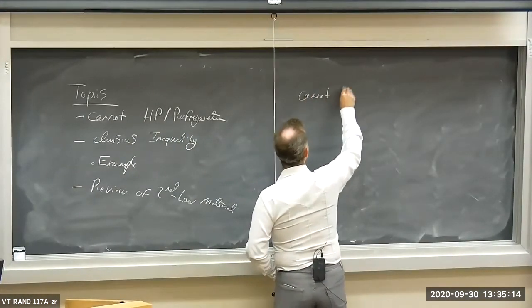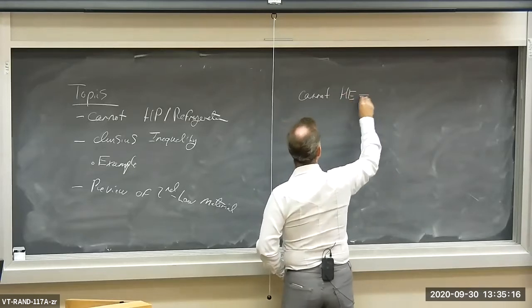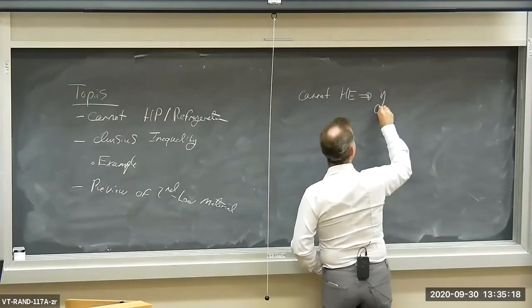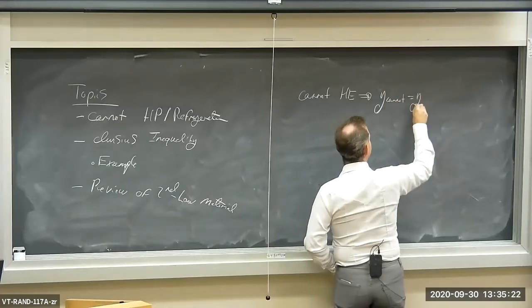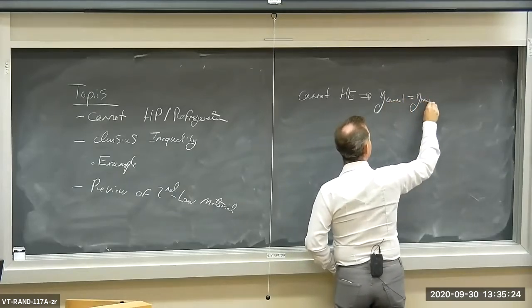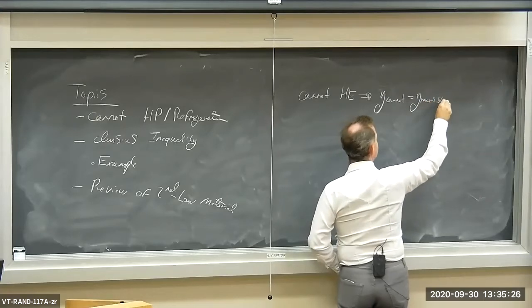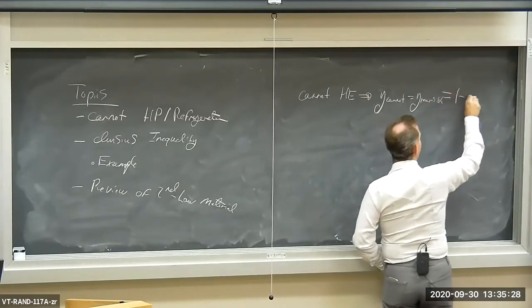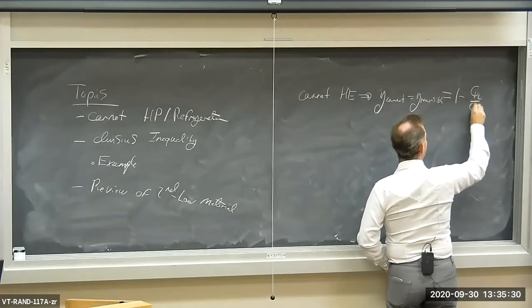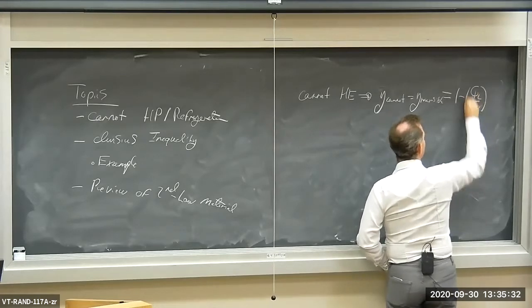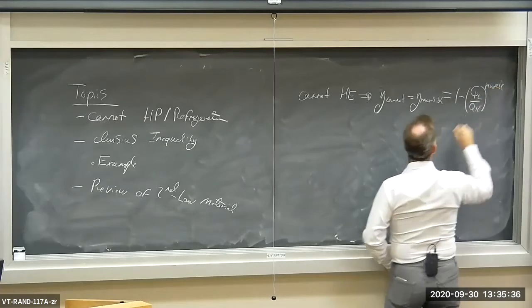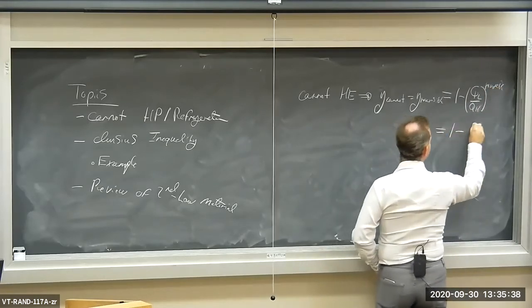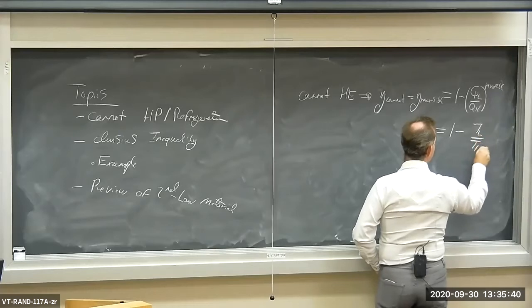Carnot heat engine is reversible, so the efficiency of the Carnot heat engine is the efficiency for a reversible heat engine, which is 1 minus QL over QH for a reversible process, or if you like, 1 minus T low over TH, okay?